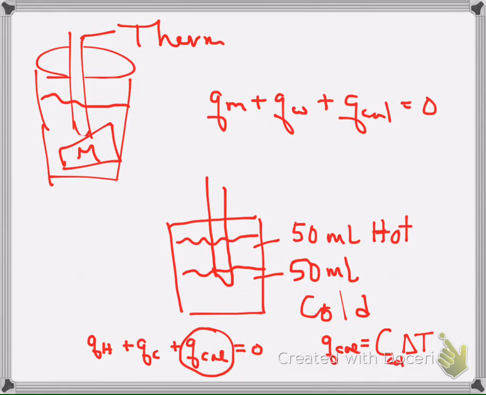Because the amount of energy that the calorimeter absorbs depends on the change in the temperature, just like anything else. We're not going to take into account the mass of the calorimeter because it doesn't change. So that C that's actually there is the mass times the specific heat of the calorimeter. Okay? Its units are just joules per degree Celsius.